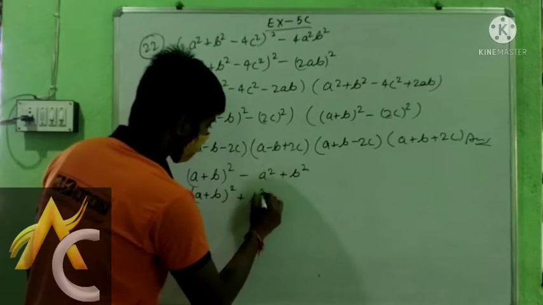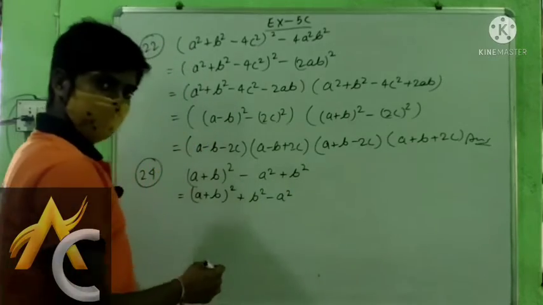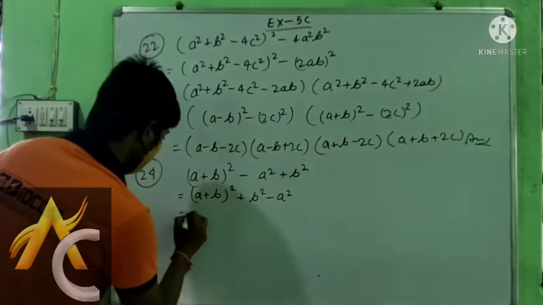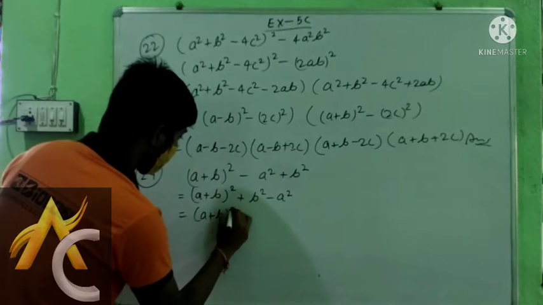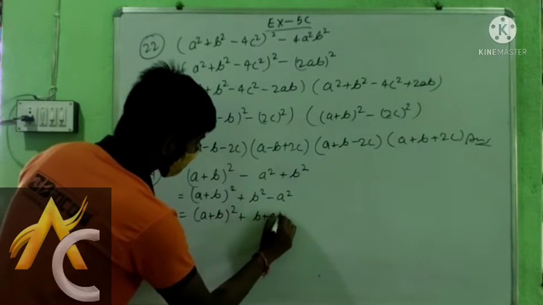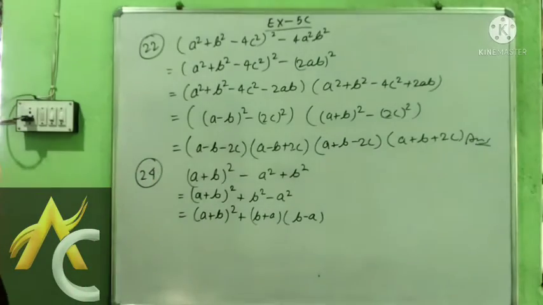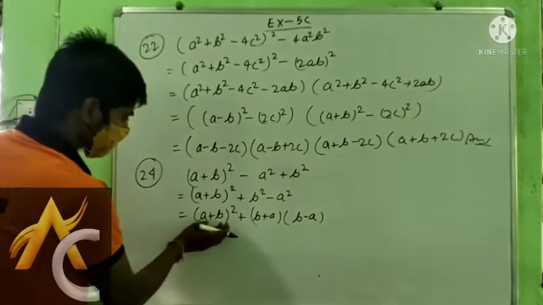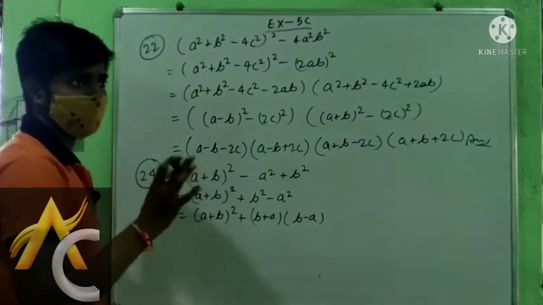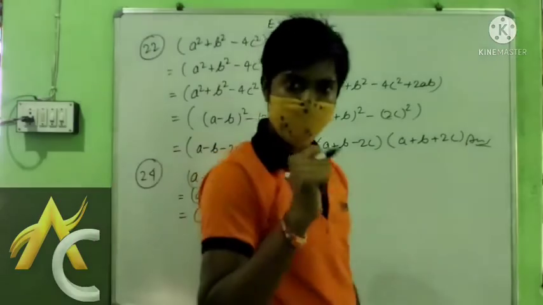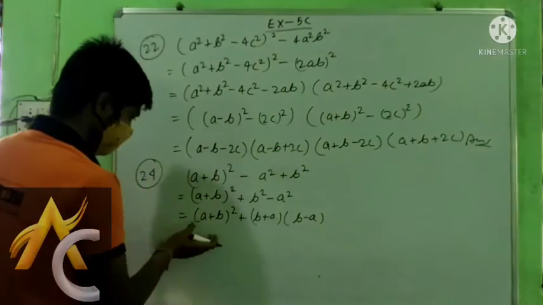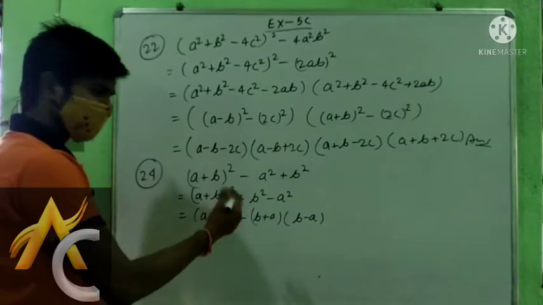We can write it as b square minus a square, right? So it will be a plus b whole square plus b plus a into b minus a. Okay. Now b plus a and a plus b are same because addition is commutative, right?